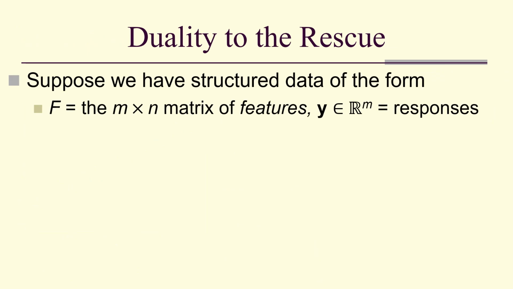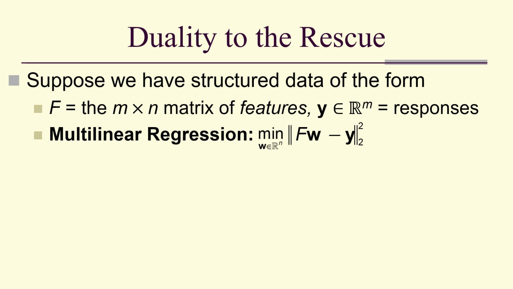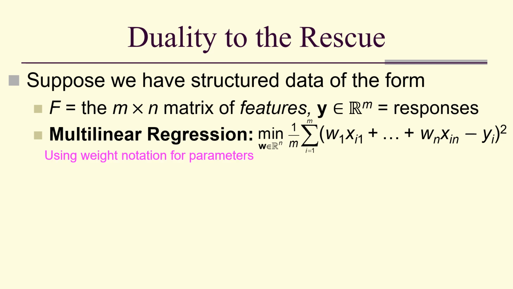So, duality to the rescue. Suppose we have our structured data of this form. F is the features and Y is the responses. Multilinear regression looks like this, but it also looks like that. And the significant thing there is that I'm using weight notation for parameters, by the way.